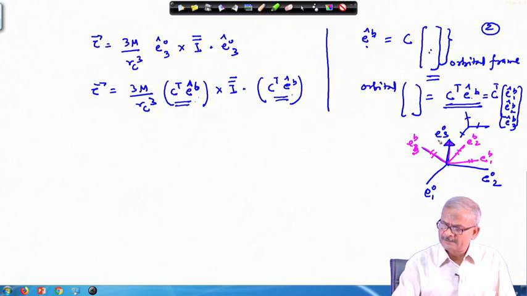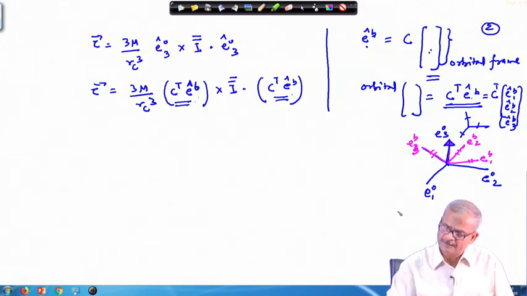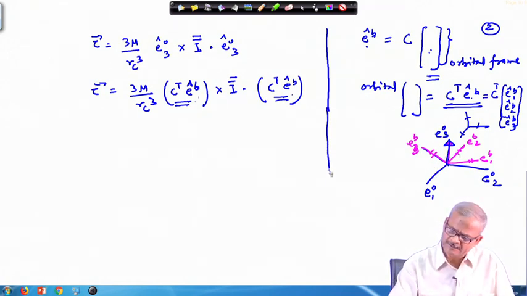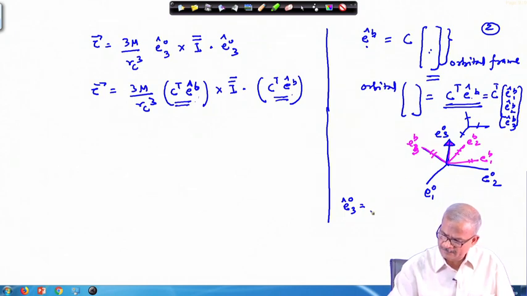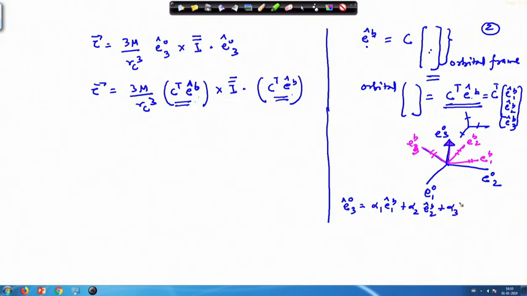Obviously, as per our previous rotation case, that E O 3 vector can be expressed as a combination of, let us say, alpha 1 times E cap B 1 plus alpha 2 times E cap B 2 plus alpha 3 times E cap B 3.